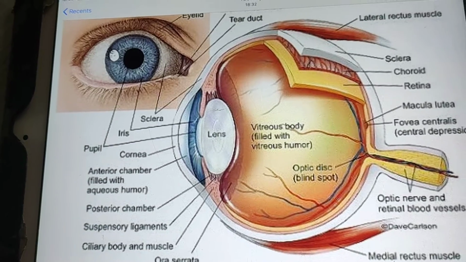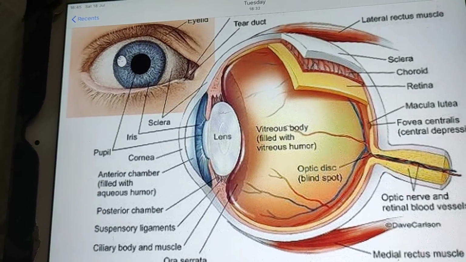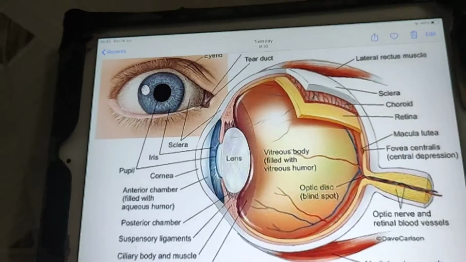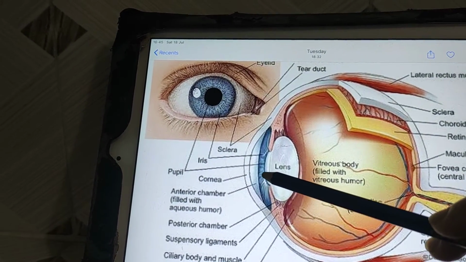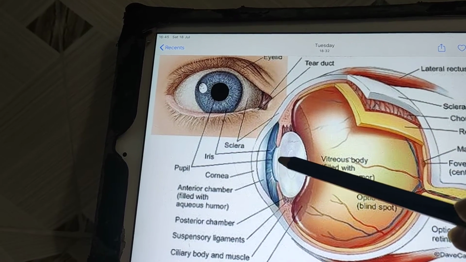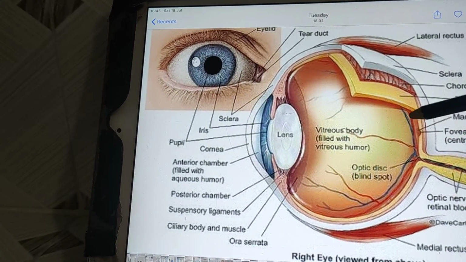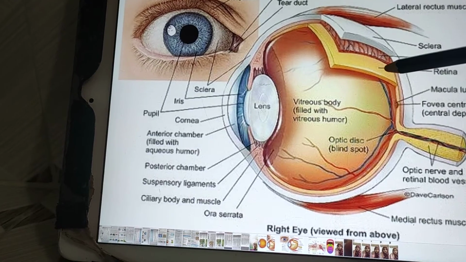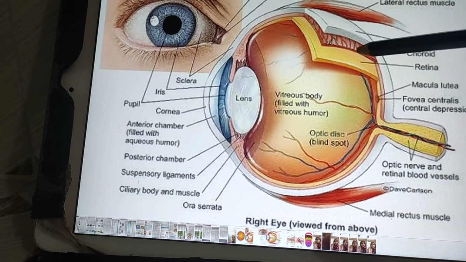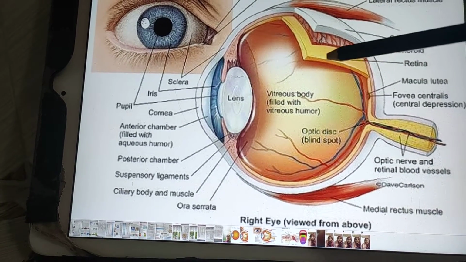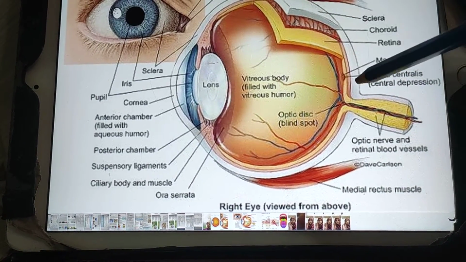Now we know how light enters our eye and how we see any image, okay. You know retina has rod and cone cells. When light enters through the pupil and passes through the lens, it falls on the retina. Then the rod and cone cells convert this light into electric signals, and that is carried by the optic nerve to the brain.